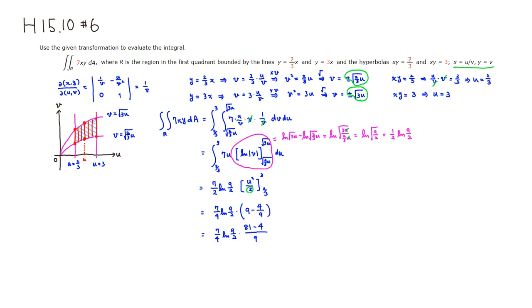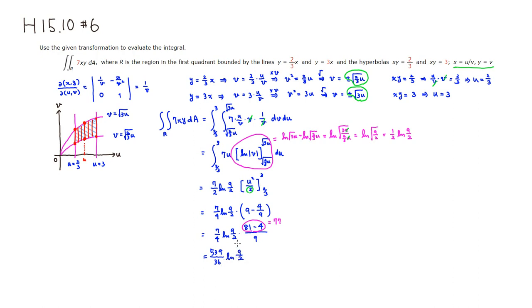So 81 minus 4 would be 77. All right, so we get 7 times 77, which is 539, over 4 times 9 is 36, and natural log of 9 over 2.